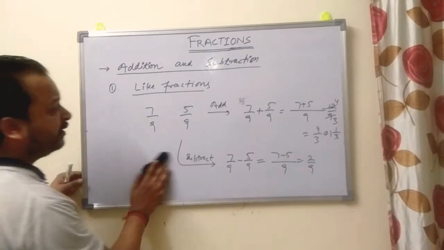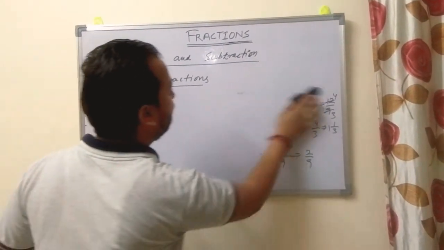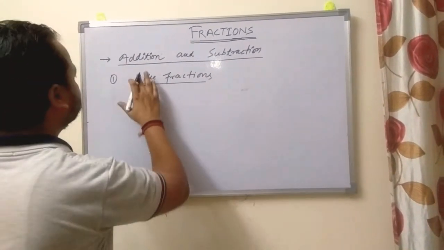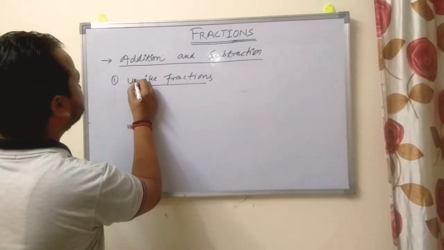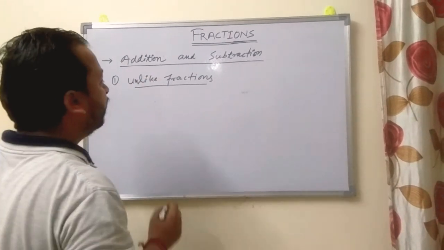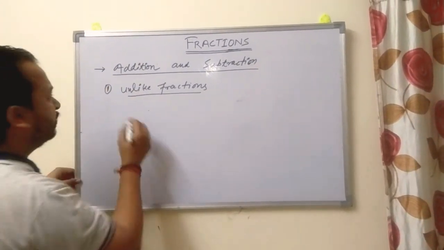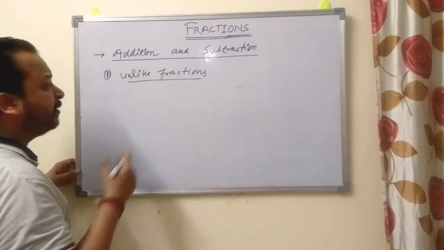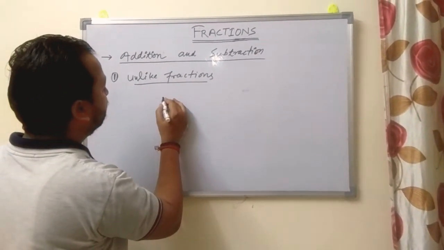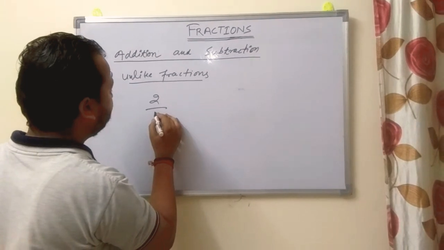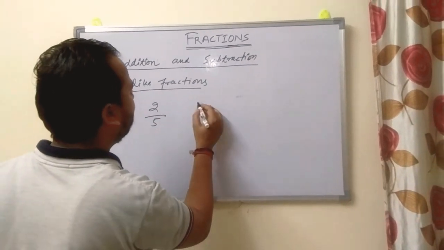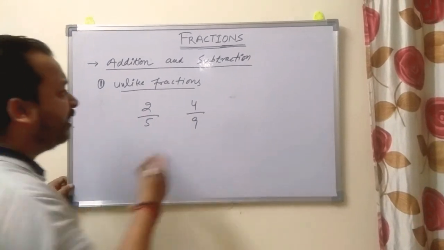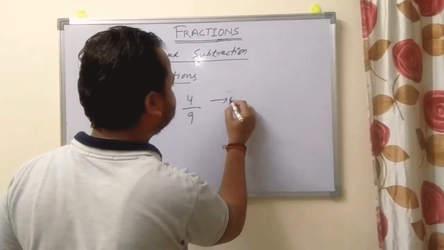And if there are unlike fractions, unlike fractions means the denominators are not the same. It is given as 2 by 5 and 4 by 9, and you have to add them.